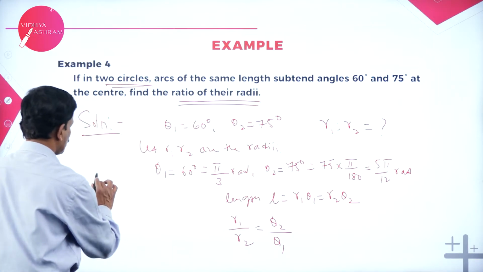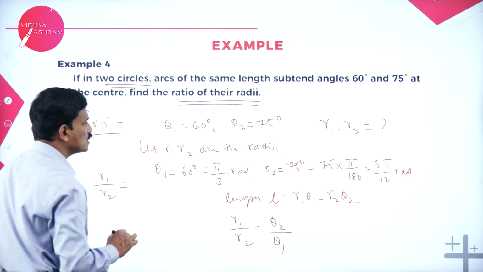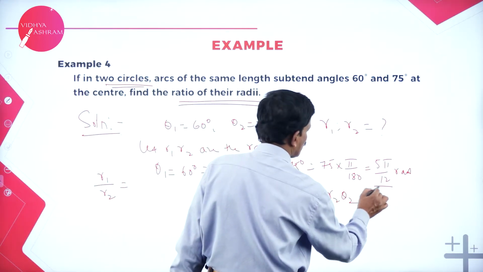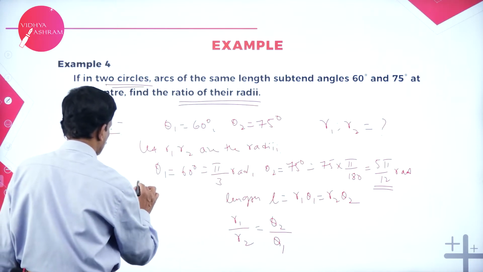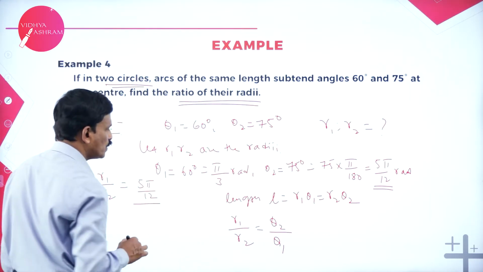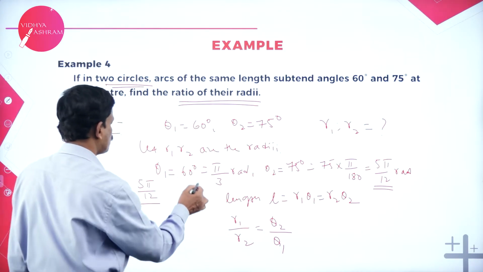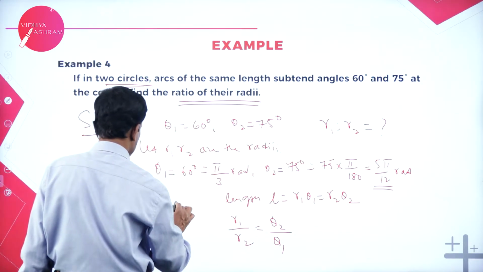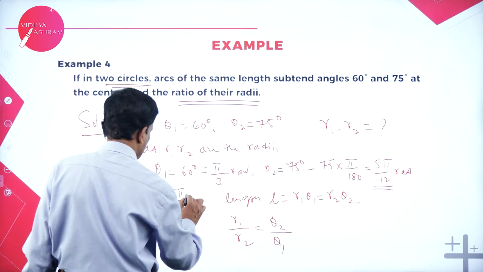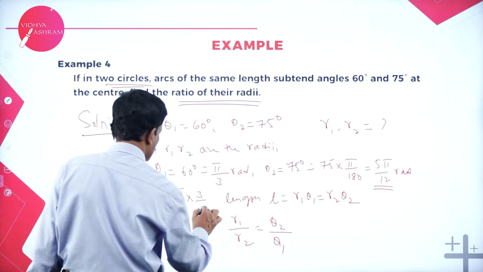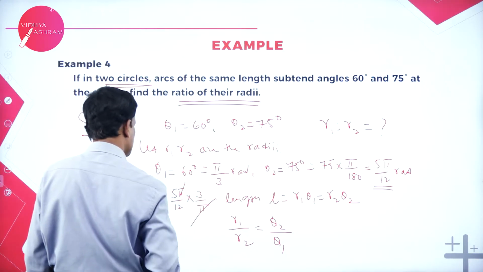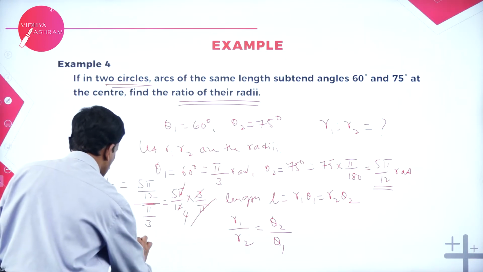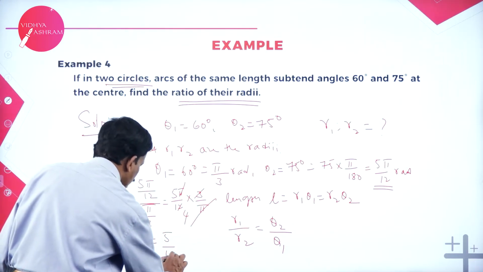Theta 2 is 5 pi by 12, divided by theta 1, whose value is pi by 3. So this can be written as 5 pi by 12 into 3 divided by pi. Pi and pi get cancelled. Then what is left is 3 4s are 12, so 5 by 4. So R1 by R2 is equal to 5 by 4.